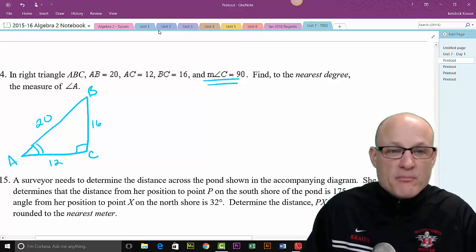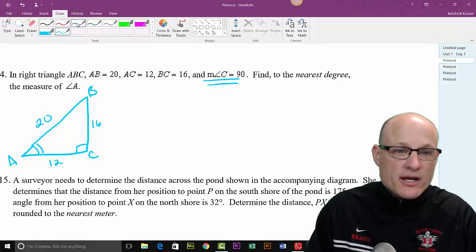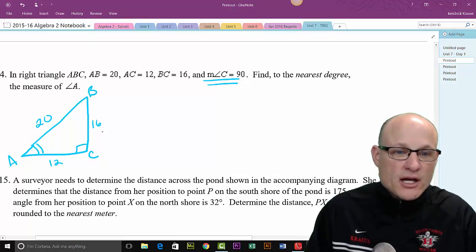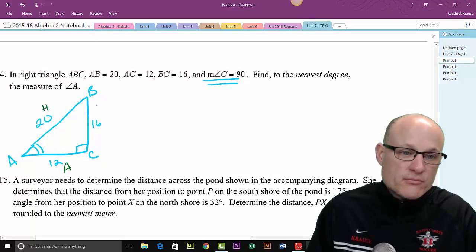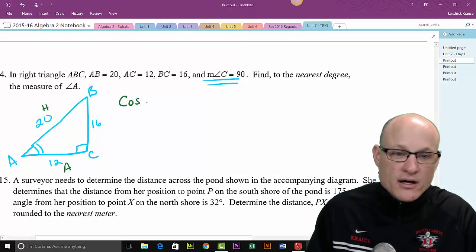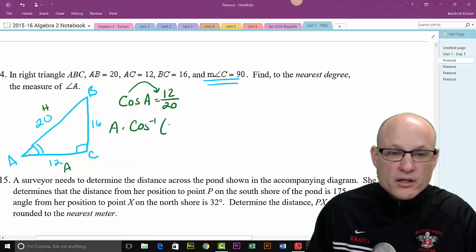Well, since it doesn't matter which trig function we use, and we haven't used cosine really at all, I'm going to use adjacent and hypotenuse. So cosine of A is equal to 12 over 20. Going to slide that cosine over. So A is equal to cosine negative 1 of 12 divided by 20.